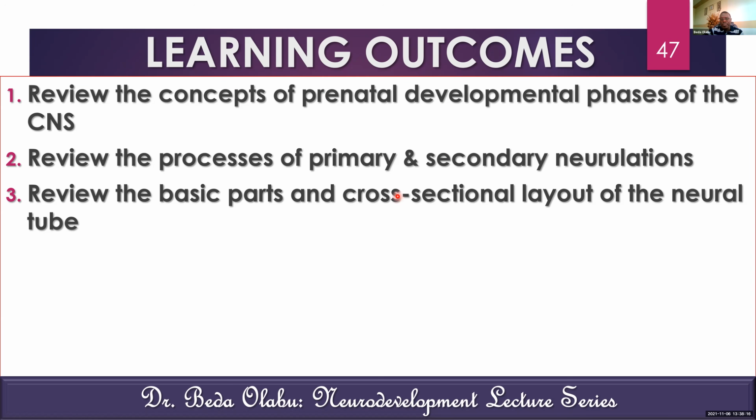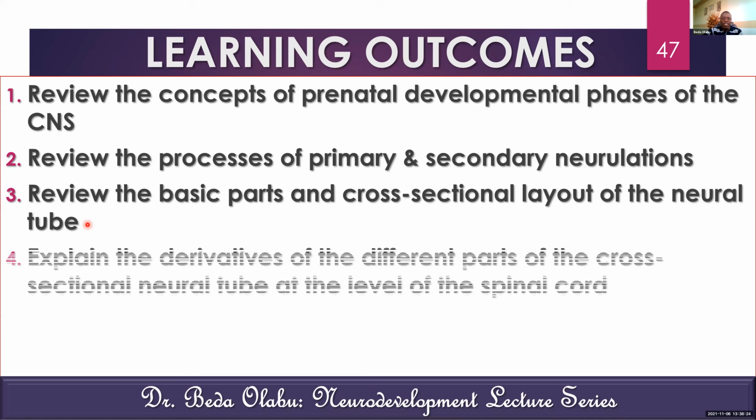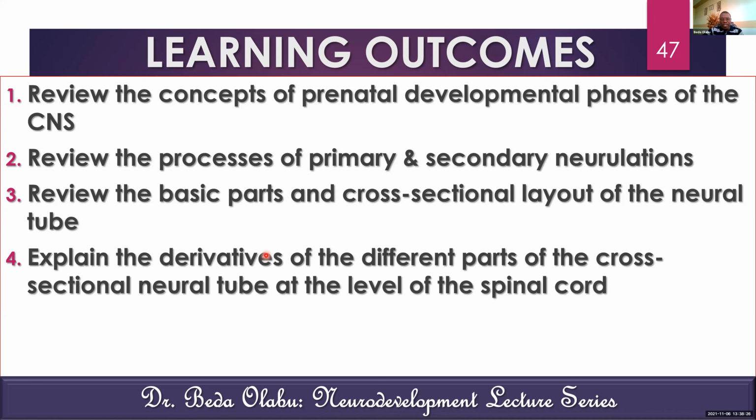So here, we'll just have a slight overview to help us understand what we want to do in this particular lecture. In this lecture, we'll explain the derivatives and the differentiation of the cross-sectional neurotube at the level that is supposed to give us the spinal cord.